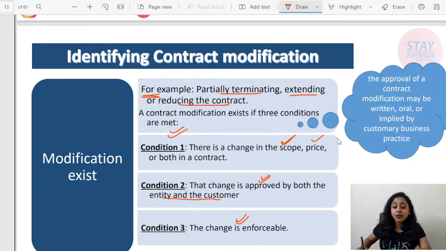The approval of a contract modification may be either written or oral or implied by customary business practices. Either it is in written form, or it can be oral, or there is past business practice that if this particular event happens, it will make this particular change in the contract. For example, there is an inflation clause.